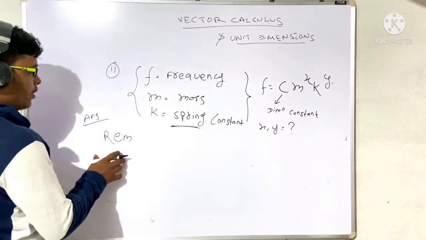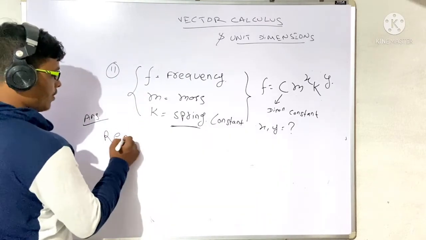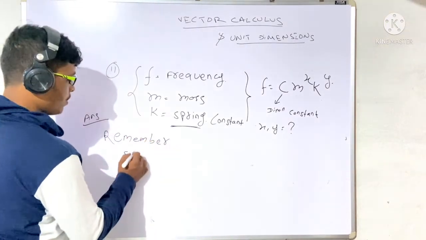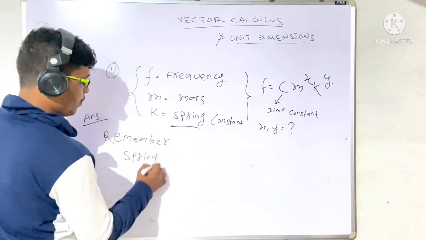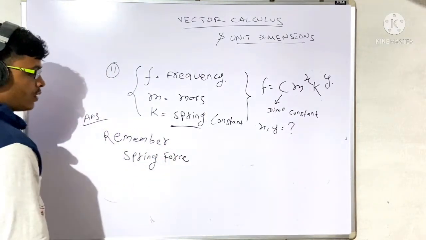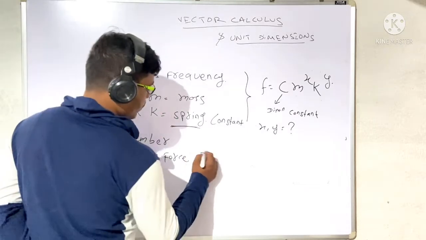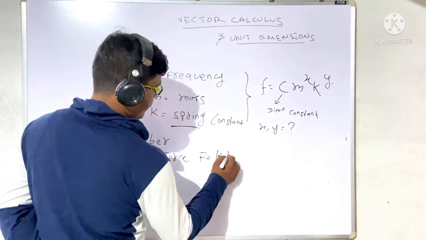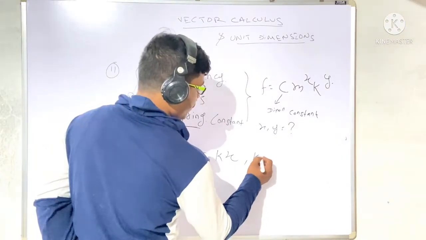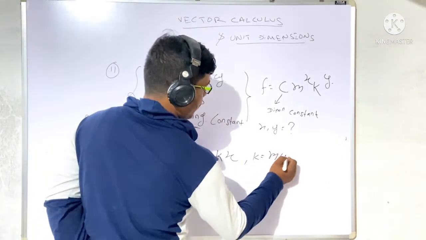So just remember that the spring force is F equal to kx. What is k? K equal to m omega square.